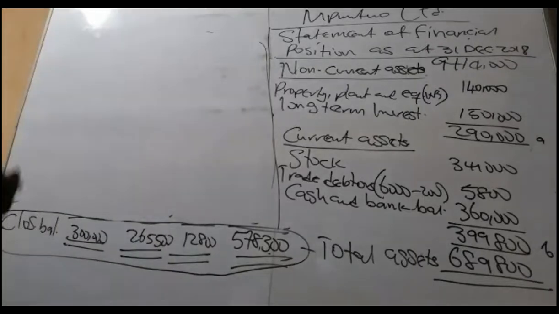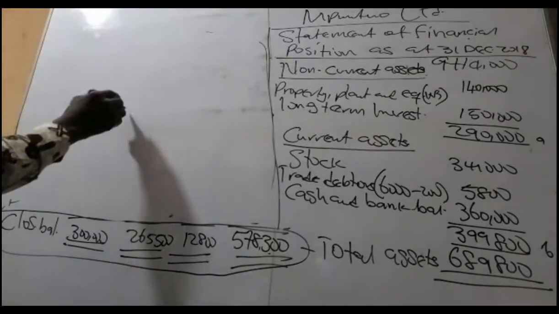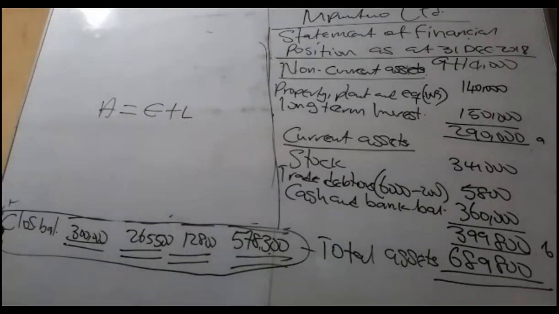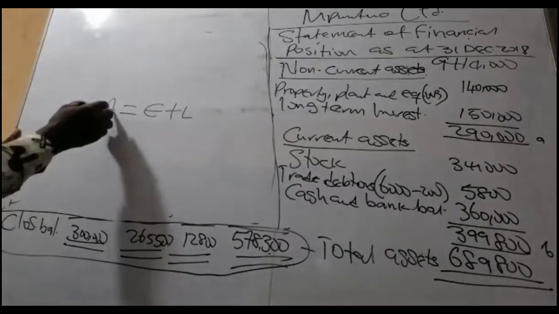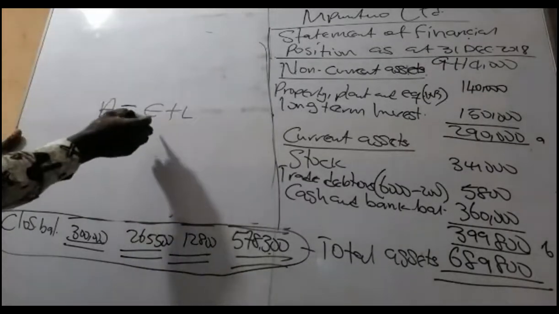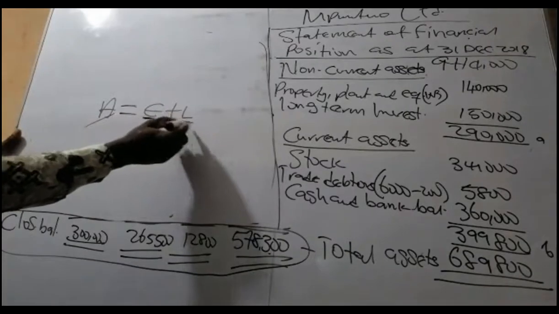So we are still using this as it's called equity plus liabilities. Asset is equal to equity plus the liabilities. We are done with the assets. We are now going to the other side of the river to add equity and liability.